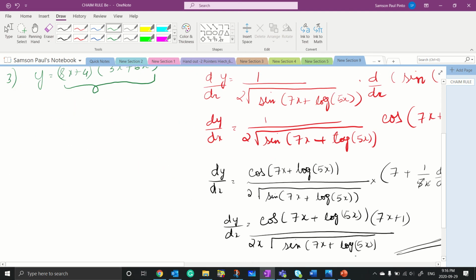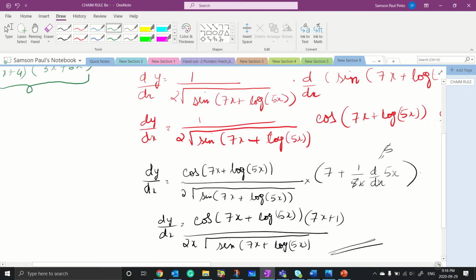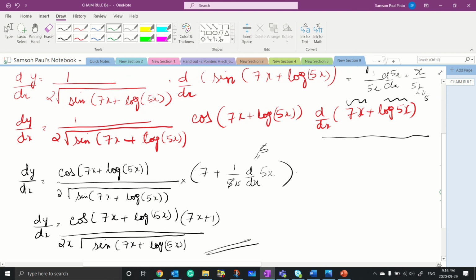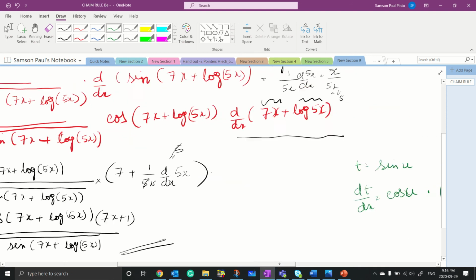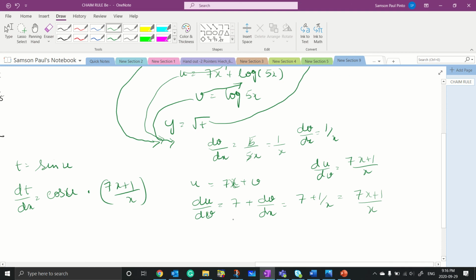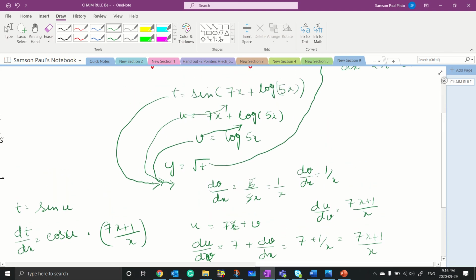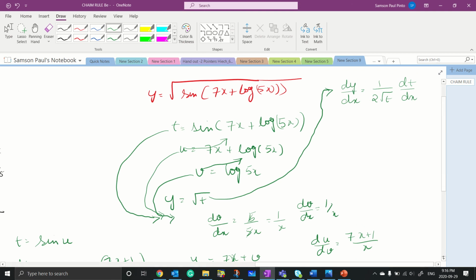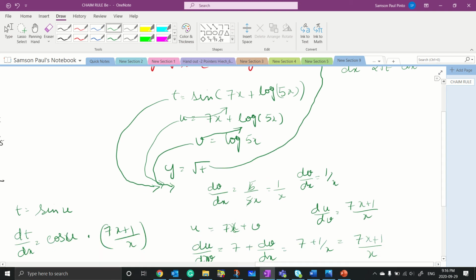So I have made your work a little bit easier there. Technically you would have to do a lot of stuff, and this would come out to be du by dx ultimately. That is nothing but dv by dx and all stuff like that. So this goes here in place of dt by dx.